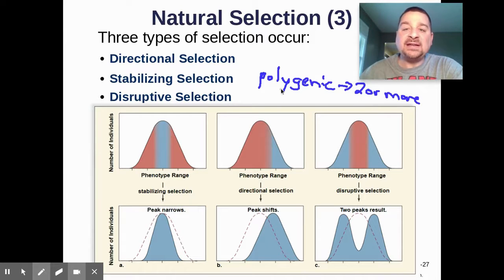And what you tend to get with those are a bell-shaped curve, where most are average, and then you have your extreme phenotypes on either side. So the types we want to look at are directional, stabilizing, and disruptive selection, and how that peaks. The original dotted line here is the original bell curve, and how that may shift or disrupt that bell curve.